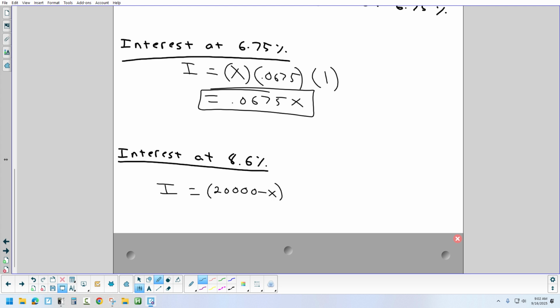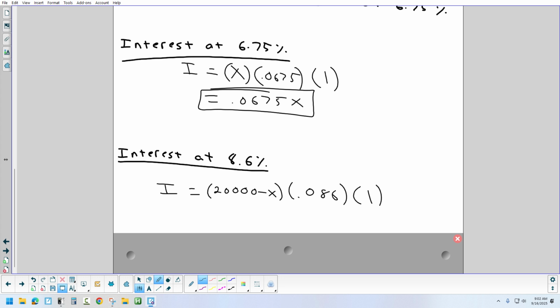The rate of the 8.6% is 0.086. And the amount of time, again, it's the same problem. We're doing it for 1 year.